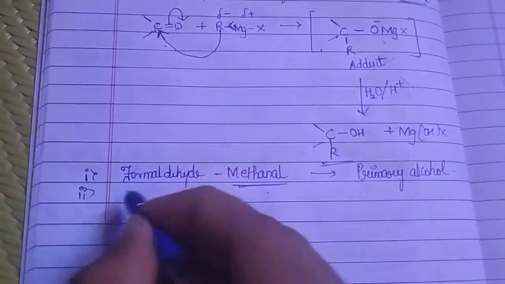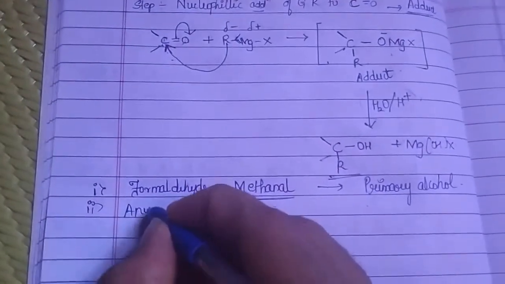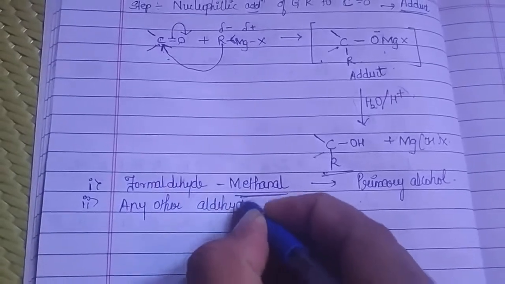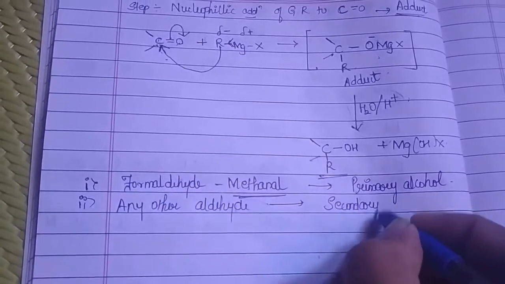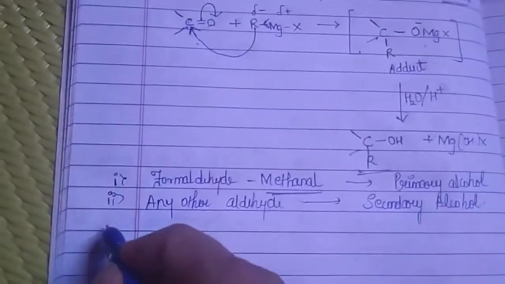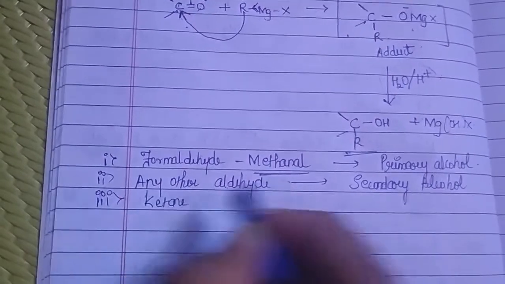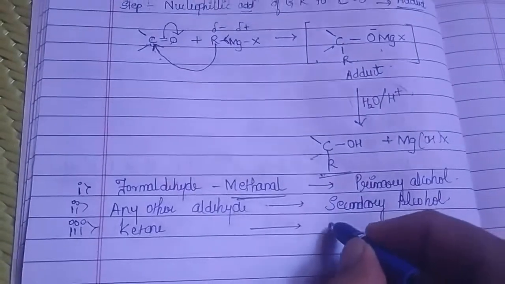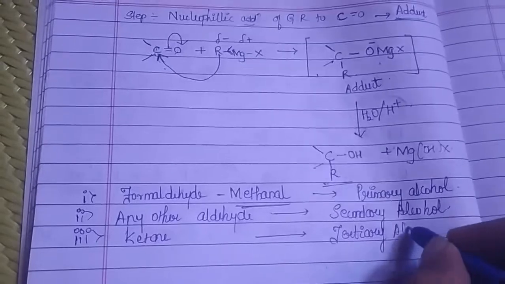If you take any other aldehyde other than methanal or formaldehyde, we would get a secondary alcohol. If you take any ketone, after the acid hydrolysis we will get a tertiary alcohol.